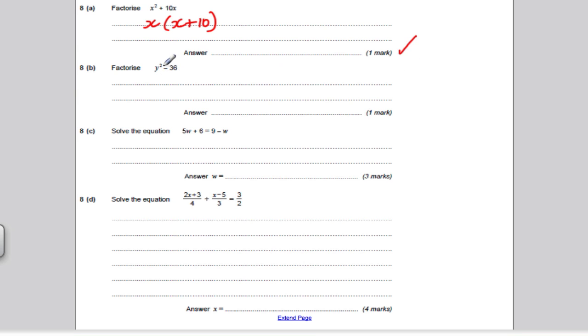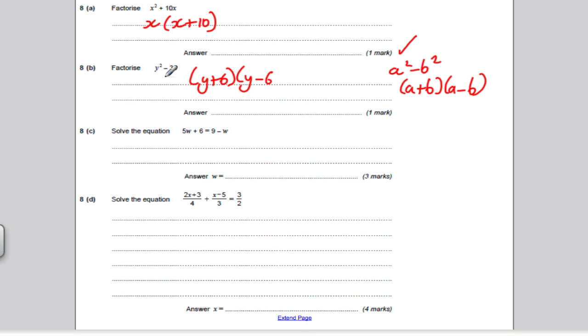Either you spot it's a difference of 2 squares. Anything where it has 2 squared numbers subtracting, a squared minus b squared, always factorises to a plus b, a minus b. So this would factorise to y plus 6, y minus 6.